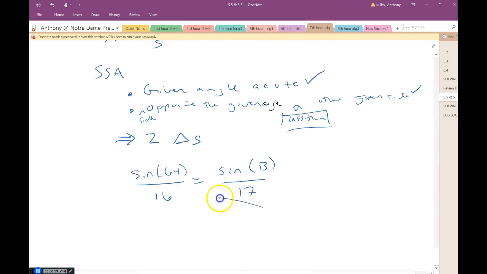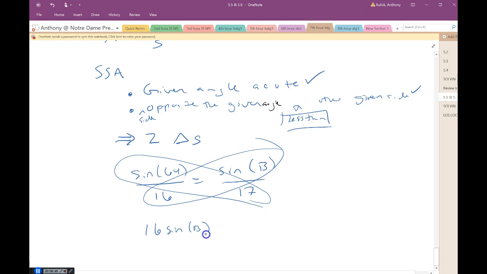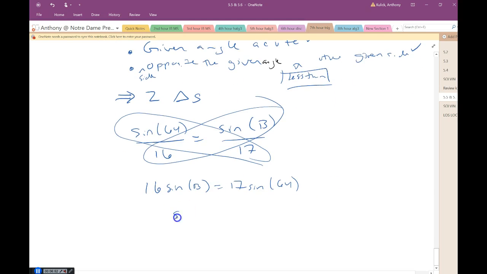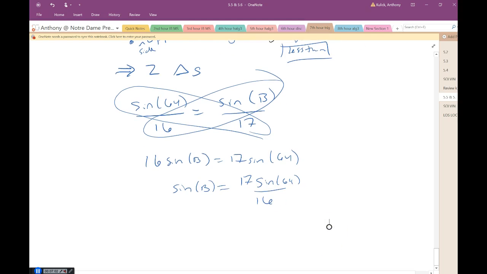So to solve this, we'll cross multiply. So that gives me 16 sine b equals 17 sine 64. And then we'll divide both sides by the 16. And then to get the b by itself, how am I going to get rid of that sine wrapped around it? That's the sine inverse.